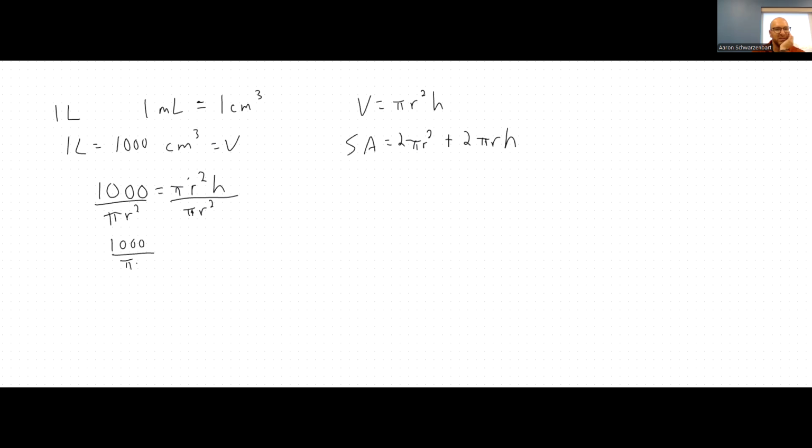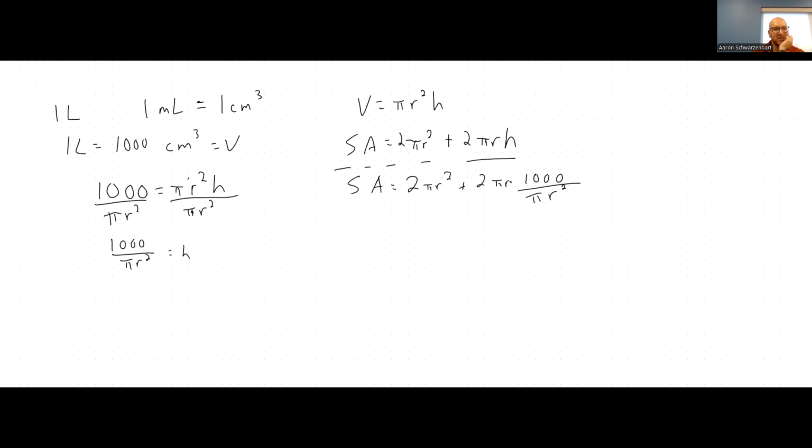So I have kind of a system of equations. And so when I plug into surface area here, I get 2 pi r squared plus 2 pi r times 1,000 over pi r squared. Oh, there should be an r here.